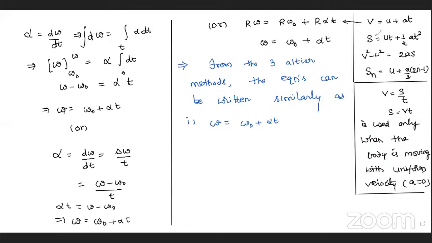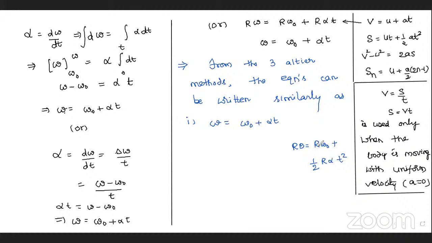Second equation also you can write. Try to recollect, S is equal to r theta from sector principle, long back I gave in circular motion. U we already wrote in the third short method as r omega naught, and a we already wrote as r alpha, into t square.